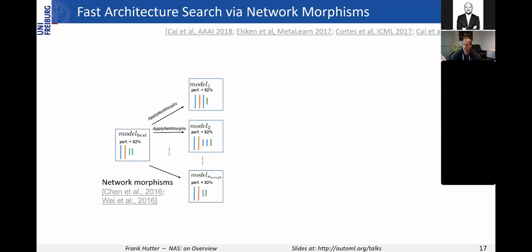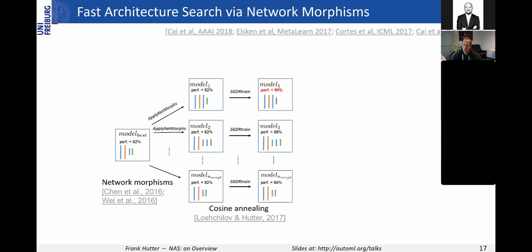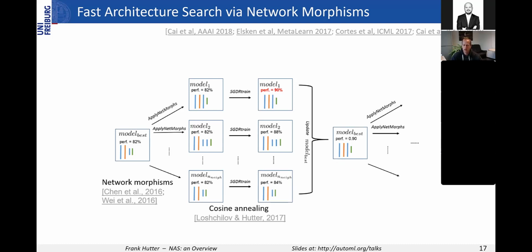So the function has not changed, the performance has not changed. Then you do a little bit of training on each of these, and that improves the performance on some of them more than on others. And a simple technique would be to just say, well, I'll take the best one that came out and make that my new model and iterate. And that actually already allowed architecture search in 12 hours on a single GPU. So much, much faster than previously.